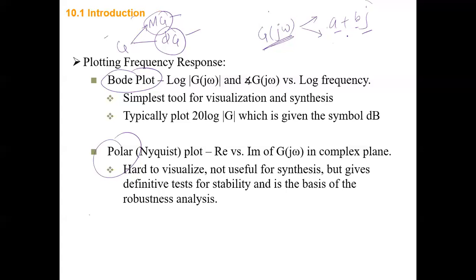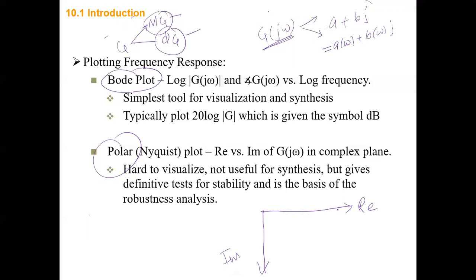Where A is a function of omega, let me write this explicitly: A is a function of omega and B is also a function of omega. Then what you do is you plot real and imaginary. You have the real axis here, and the imaginary axis here.